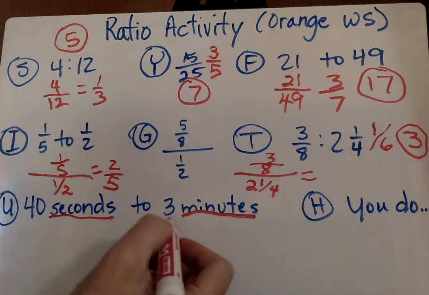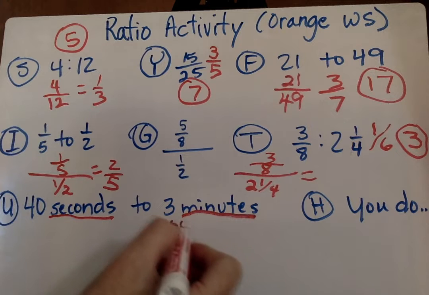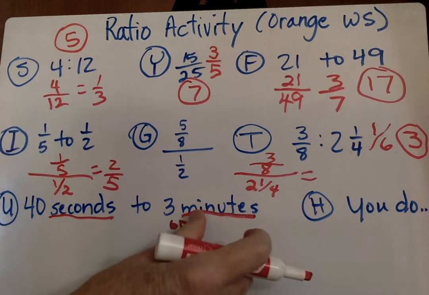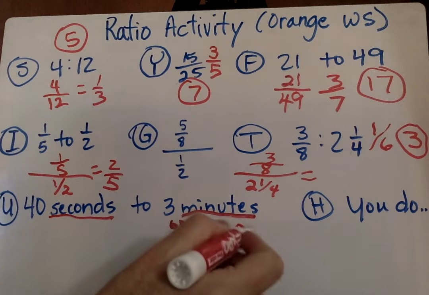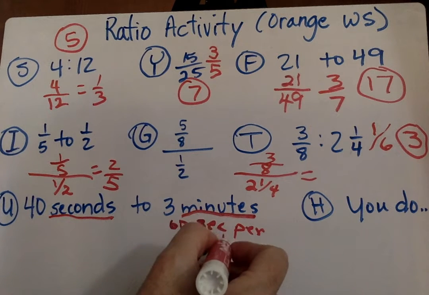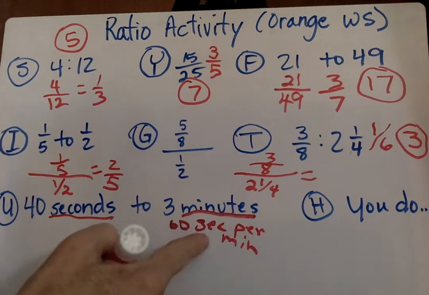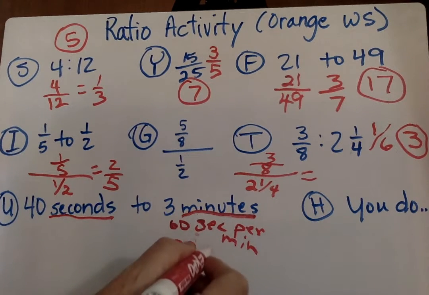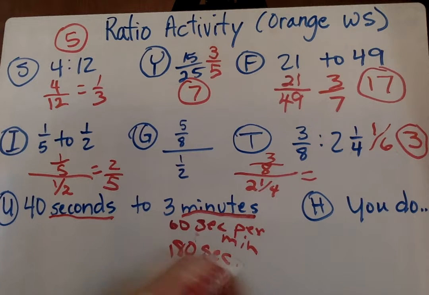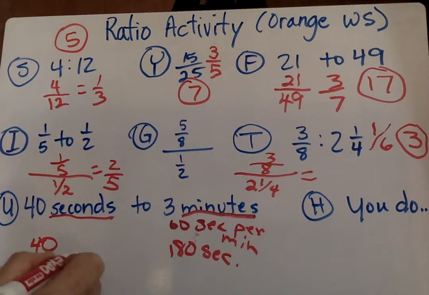It's 60 seconds per minute, so I'm going to say 60 times 3, so I have 180 seconds right there. So I take 40 and I put it over 180, and then I simplify.